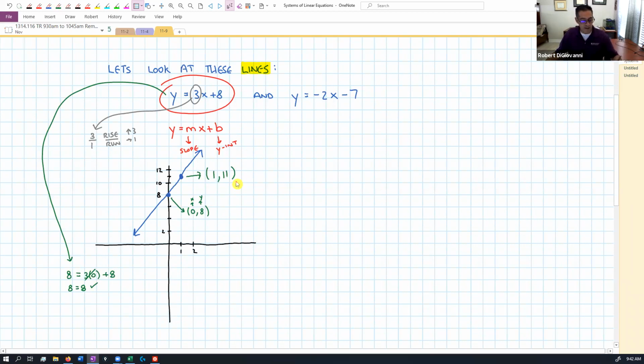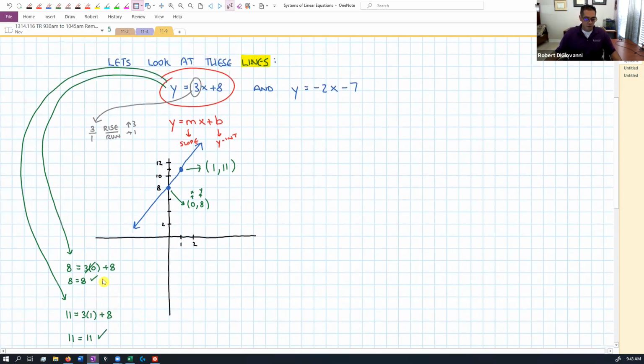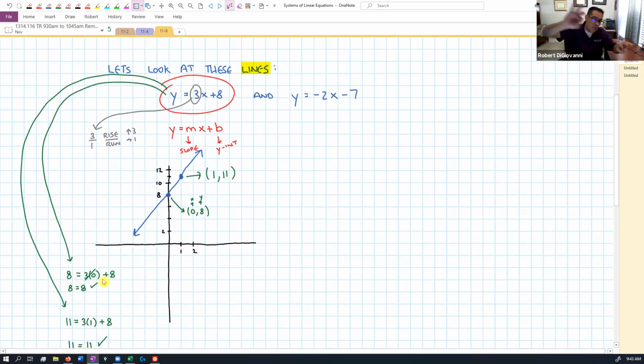So what that means is that, again, if we take this equation and we replace the y with 11, I'm going to write the left-hand side is 11, equals 3 times x, so 3 times 1, plus 8. This becomes 11 equals, well, let me see, 3 times 1 is 3, 3 plus 8, that's 11, that checks, right? So again, every point on that line should be a solution to that equation, all right?